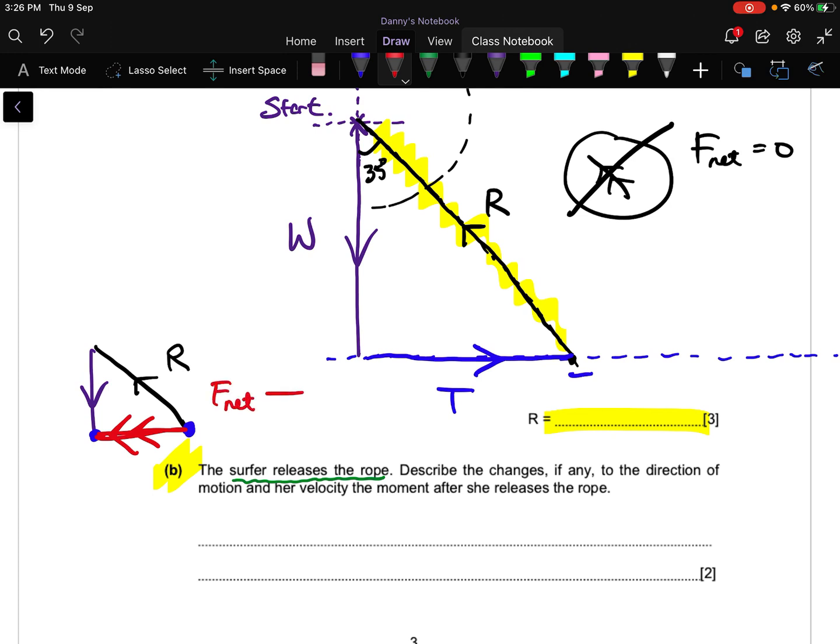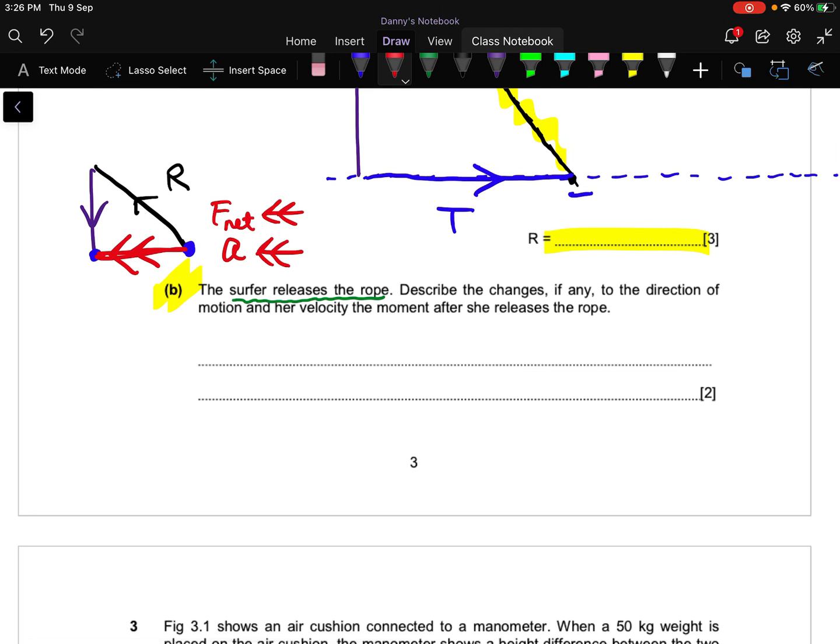And what I have learned is that if my net force is in this direction, my acceleration will also be in this direction. So the question you need to ask yourself is, does acceleration indicate the direction of motion? If my acceleration is towards the left, does it mean that I will be moving to the left? The answer is no, right?